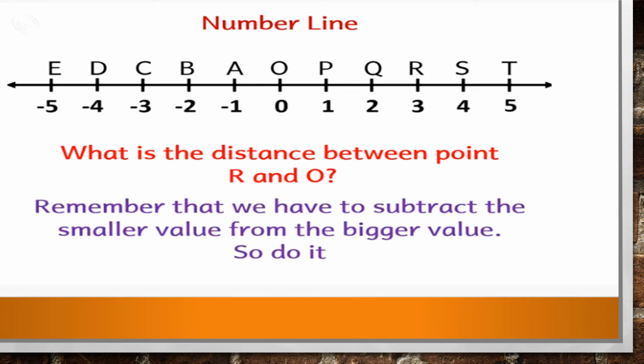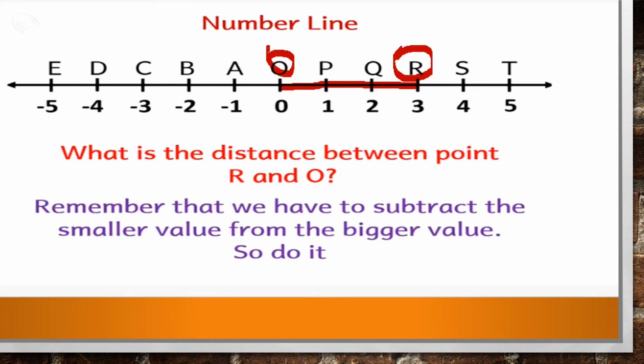Now let us move on to the next question. What is the distance between point R and O? R, where is R? Let us see on the number line. This is my R, and this is O. So what is the distance between R and O? If I draw a line, you will come to know what exactly I am talking about. Remember that we have to subtract the smaller value from the bigger value. So what is the smaller value? 0.